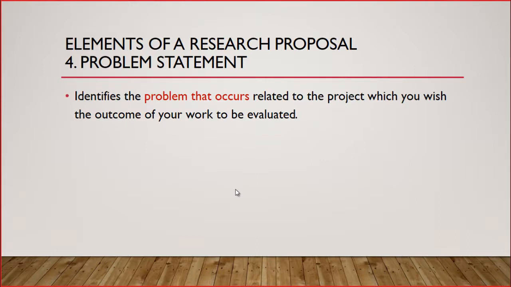Again, when you go into research, a research must have a problem. The purpose of a research is to solve a problem. If you cannot describe properly what the problem is, then there is no need for that.